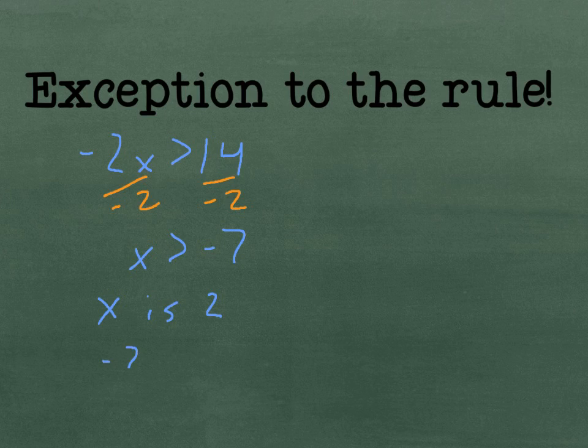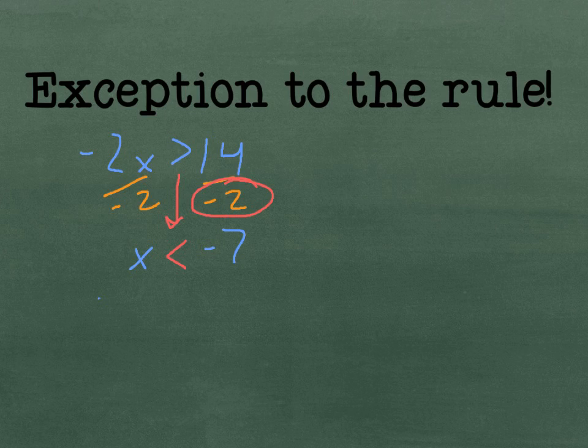But if I take negative 2 times 2, that equals negative 4, which is not bigger than 14. So whenever I'm going to divide by a negative number, then I need to make a change. Because I divided by a negative, that means that when I bring this sign down, it's going to flip directions. Notice it's when I put the negative on the bottom, not the other way around.